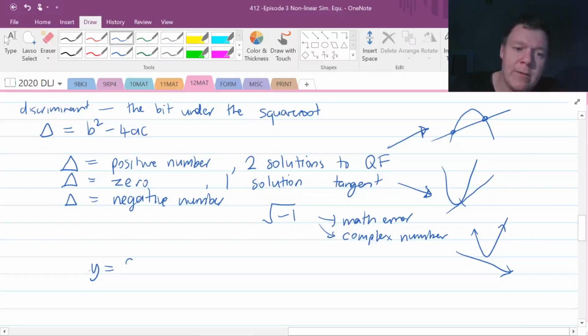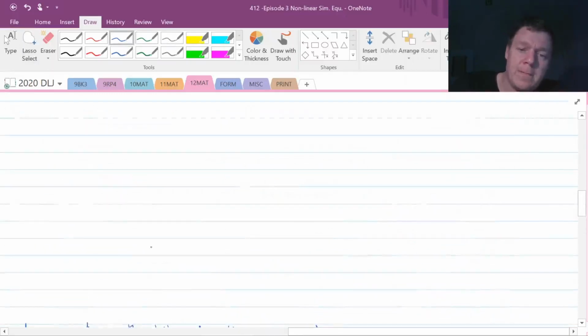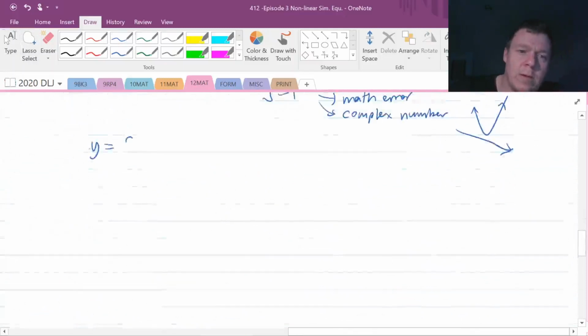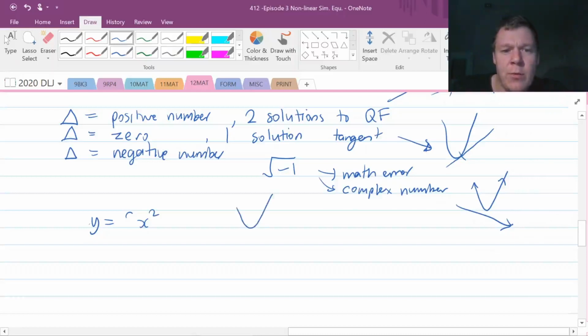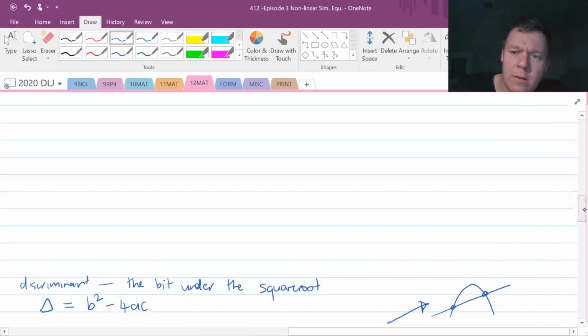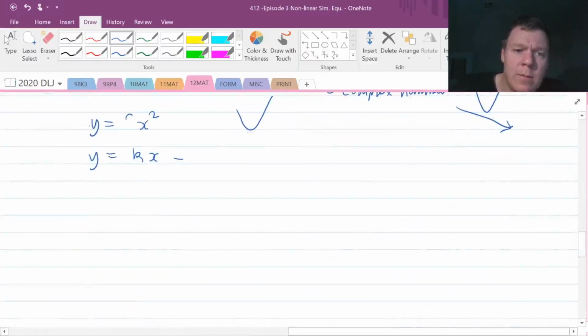You might have y equals x squared as one graph, so that gives you your parabola, and then your other one is y equals kx minus 3.